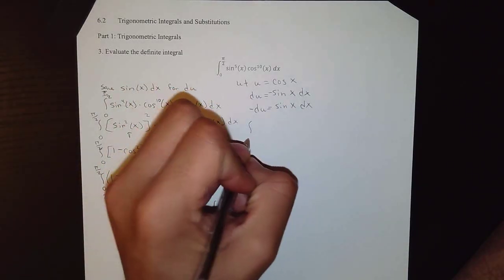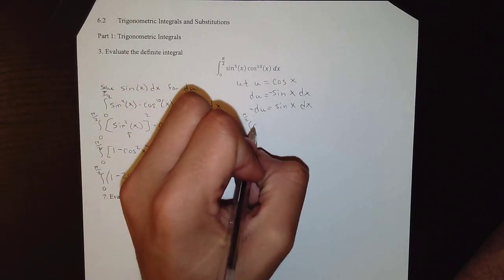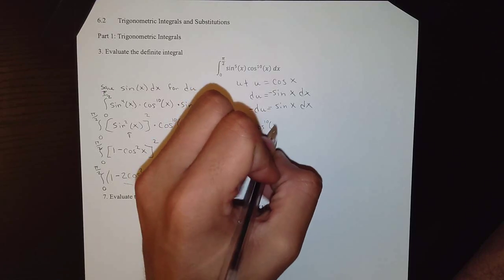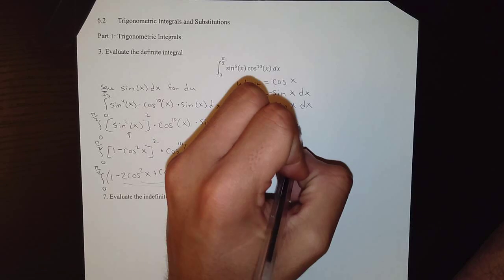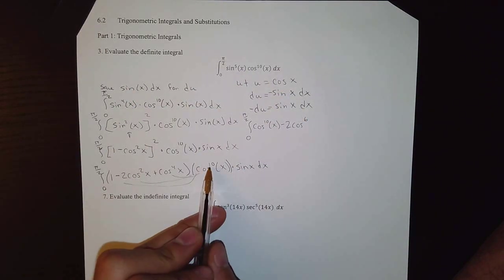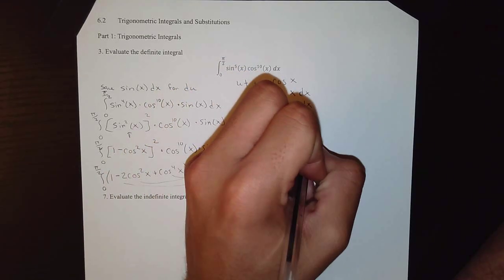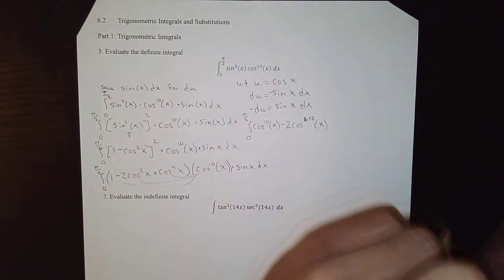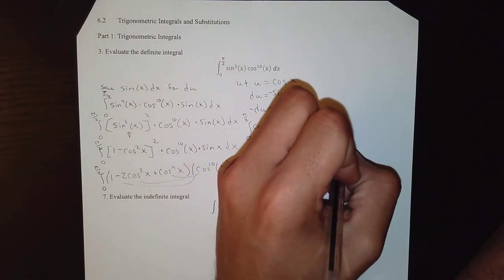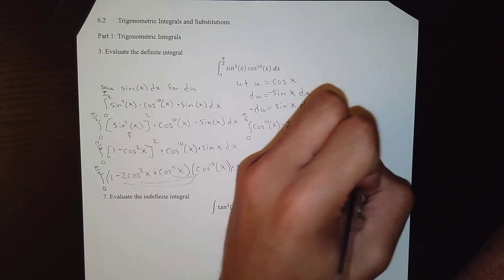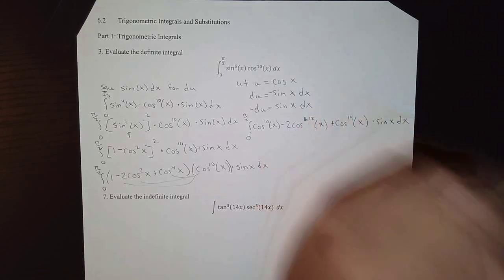And we would have the integral from 0 to pi over 2 of cosine to the 10th power of x minus 2 cosine to the 12th power of x, since 10 plus 2 is 12, and then 10 plus 4 is 14, so plus cosine to the 14th power of x times sine of x dx.